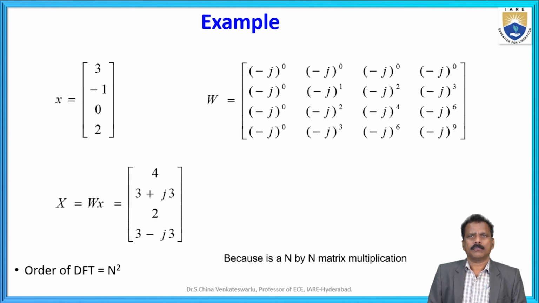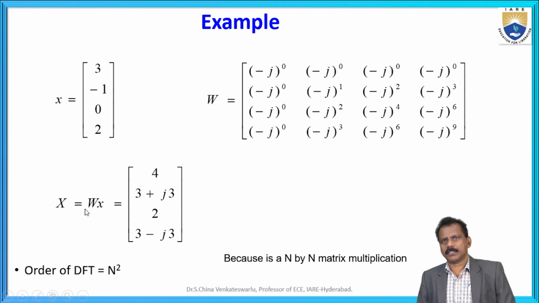Okay, so we will consider a simple example for this. Here x is given, x equal to 3, minus 1, 0, 2. Based on this, the weighting functions are minus j 0, minus j 0 1 2 3, next minus j 0 2 4 6, next 0 3 6 9.